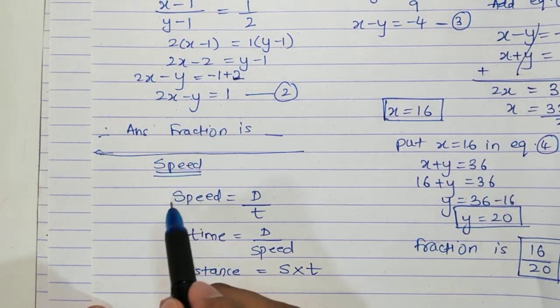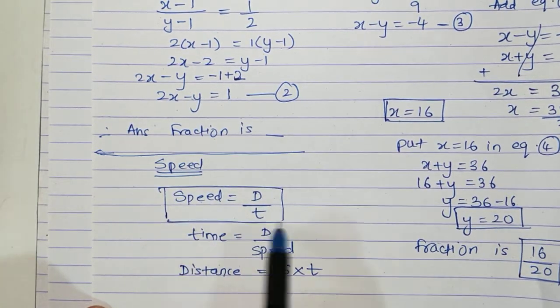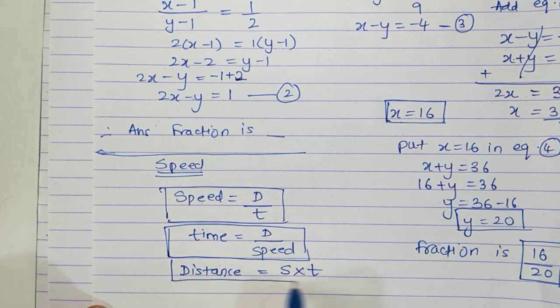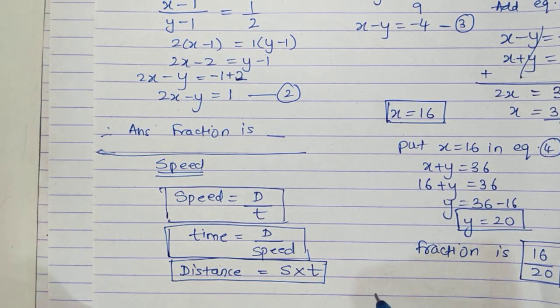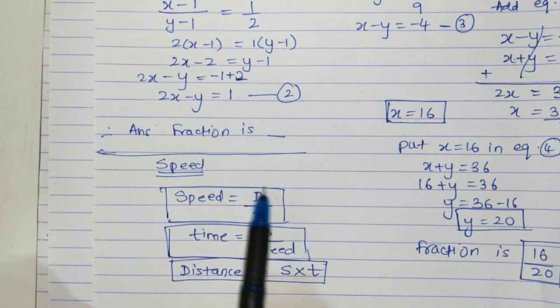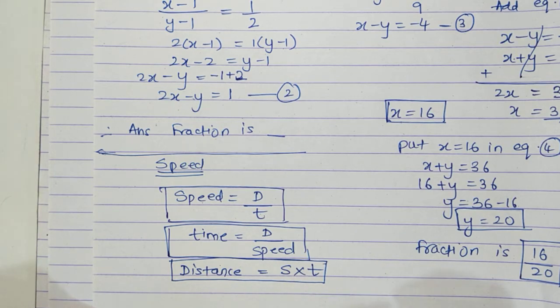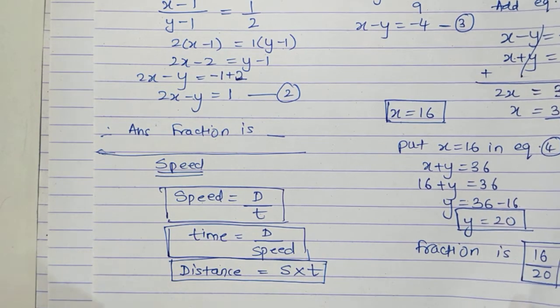So I can write the formula in these 3 different forms. Each of them will be useful in different sums depending upon the given data. So you have to remember speed is distance upon time, or time is distance upon speed, and distance is speed into time. So let's start the sum.